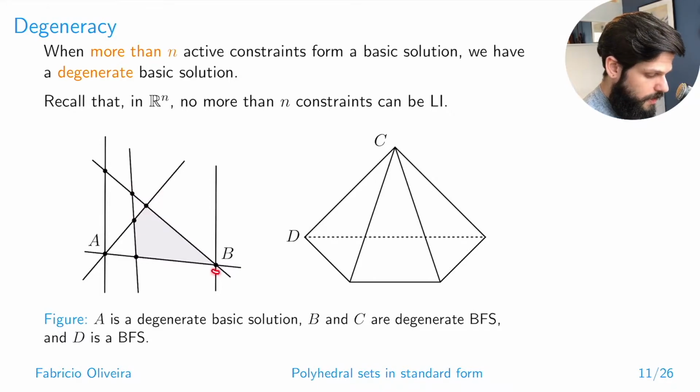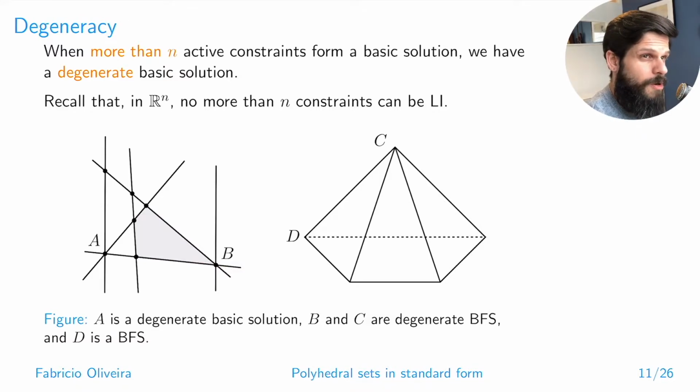But the problem with degenerate points, especially degenerate basic feasible solutions, is that whenever I'm trying to represent B, I can say B is the intersection of this constraint and this constraint. But it also could be the intersection of this constraint and that constraint. So there are multiple pairs of constraints that take me to the same vertex.